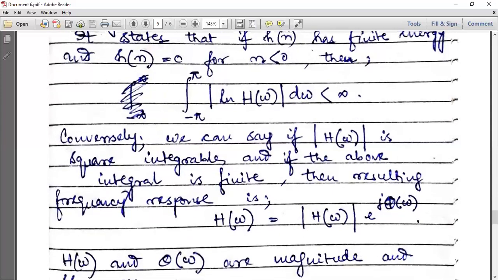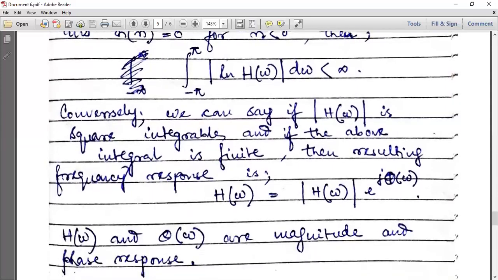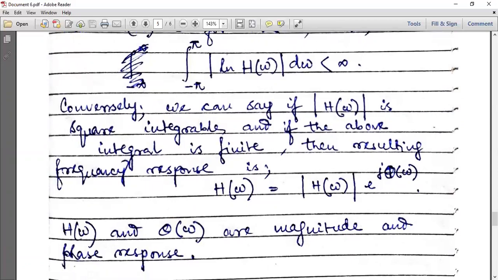What are |H(omega)| and theta(omega)? Obviously, the magnitude and phase response.